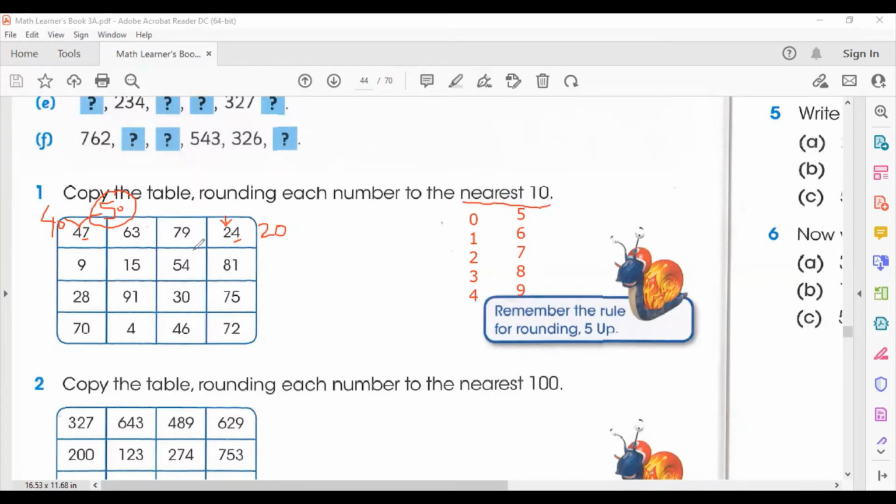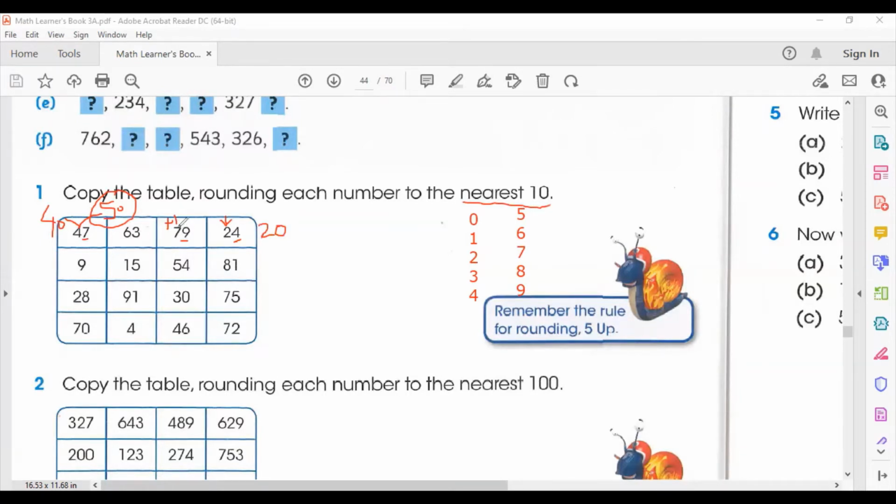But if the number at one's place value is 5 or bigger than 5, like 9, then we just add 1 to the number at the 10's place value, only the 10's place value.